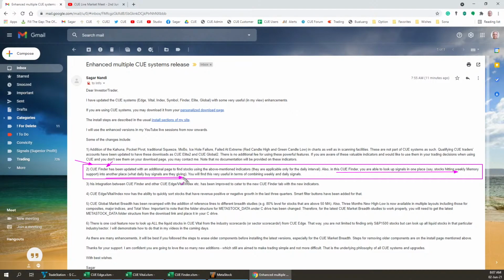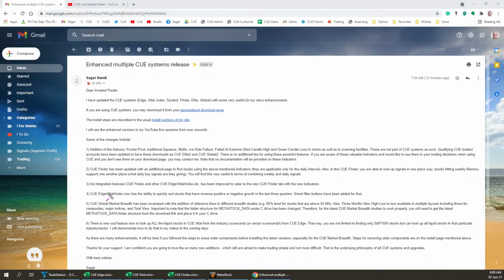Now I have added a mechanism so that I can first look at stocks at weekly support, and with the click of a button look up those stocks in daily Finder tabs. It could be for bullish signals for weekly support and bearish signals for weekly resistance. You will find this very useful.